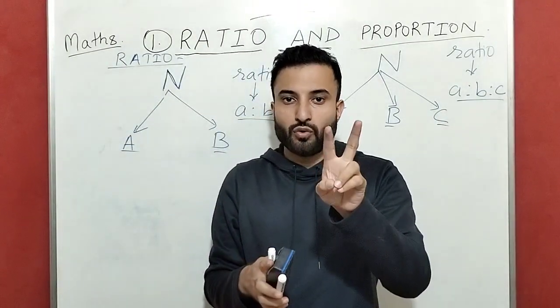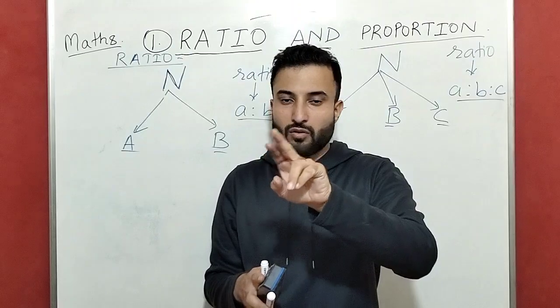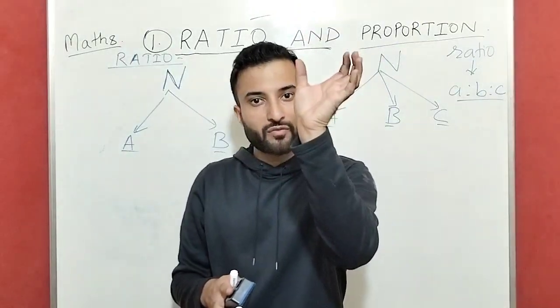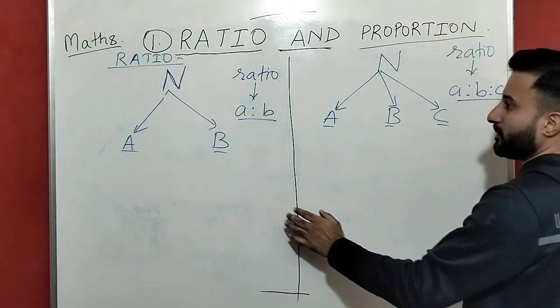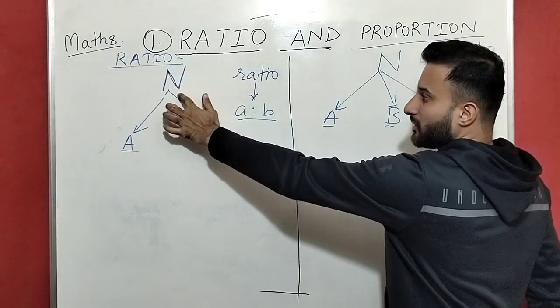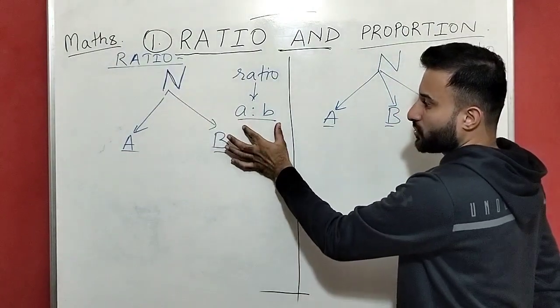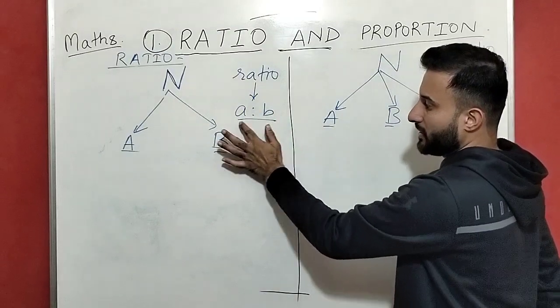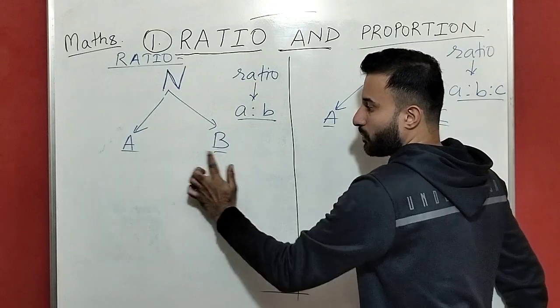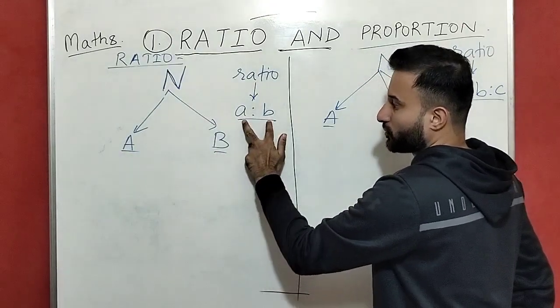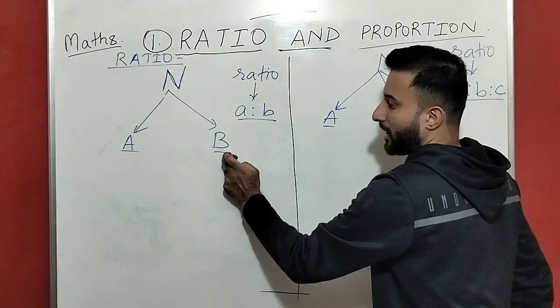If the ratio has 2 terms, A is to B, then that number is going to divide into 2 parts. Once again, see, this is a very important concept. If the number is in the ratio of 2 terms, A is to B, then it is going to divide into 2 parts, A and B, because 2 terms, 2 parts.